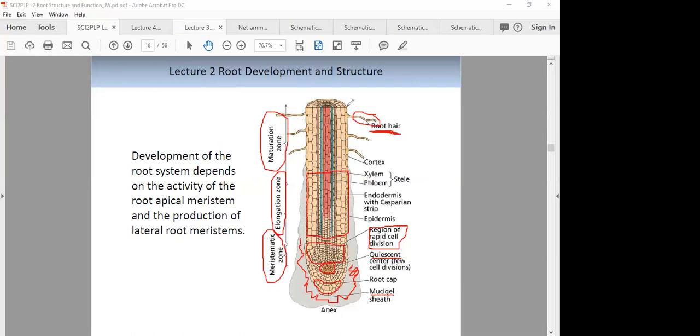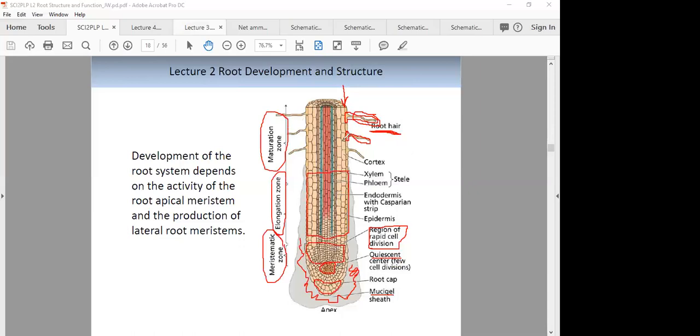Epidermis. So, of course, your outer layer of cells here, usually just 1 cell layer, sometimes 2 cell layers. Some of these cells just elongate. Here it is. This is 1 epidermal cell that is elongated into a root hair. Sorry, that's a bit messy. Here's one epidermal cell there, and you can see it's just elongated to form a root hair.